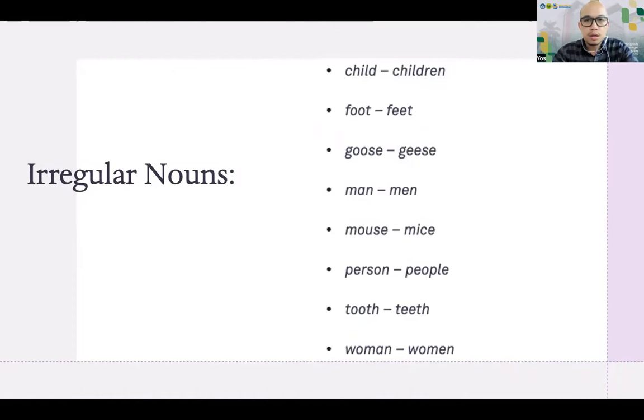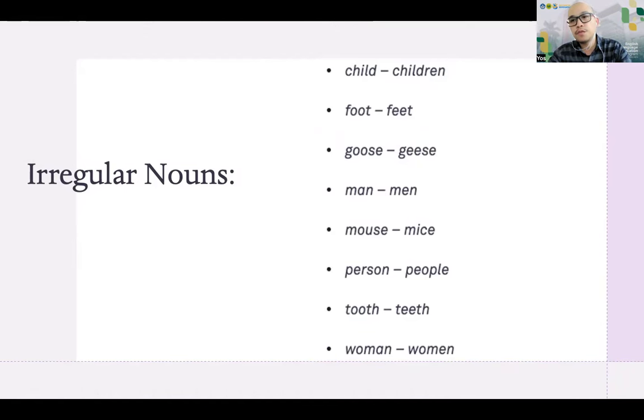Now we are going to talk about the irregular nouns. The kind of nouns that have an irregular form of plural, like the word child. In the plural form, it becomes children, not childs, but children.